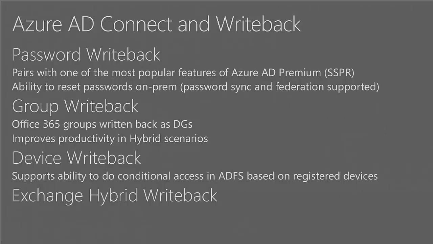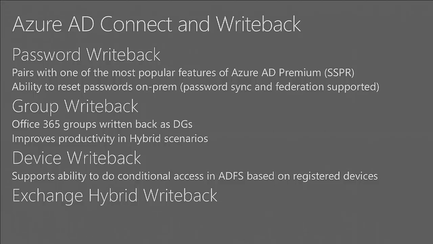Device write-back. You may have seen through the EMS sessions over the past couple of days that we're investing a lot through the integration across Intune and Azure AD in terms of unlocking the power of conditional access, where you can use device-based attributes to determine who's got access to what application. It needs to be a blessed application by your MDM, should not be jailbroken, etc. All these device attributes.